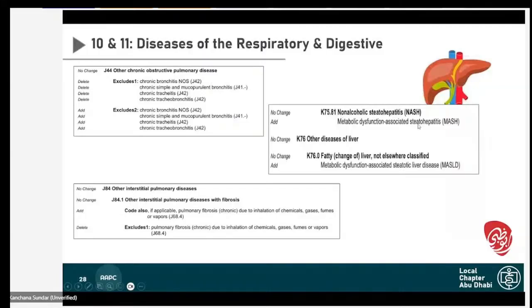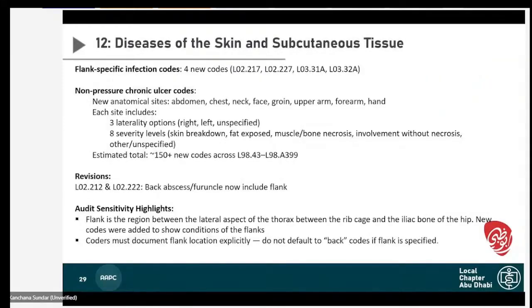And this is the skin and subcutaneous chapter. And if you remember, the chapter most impacted after injury and poisoning is with 116 changes, skin and subcutaneous was the huge change.